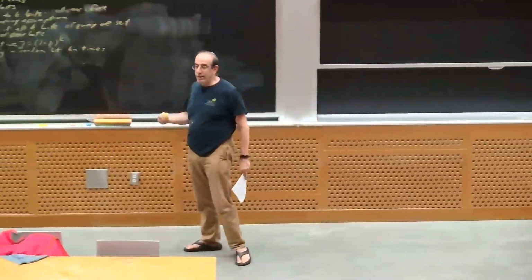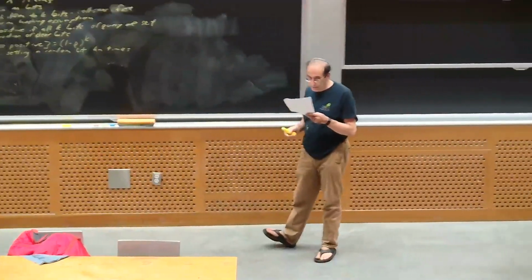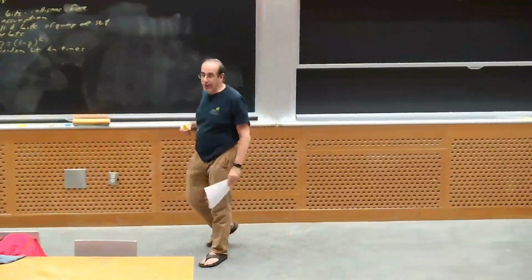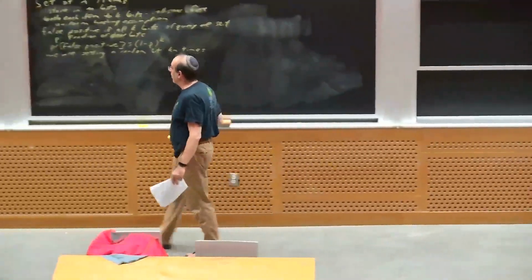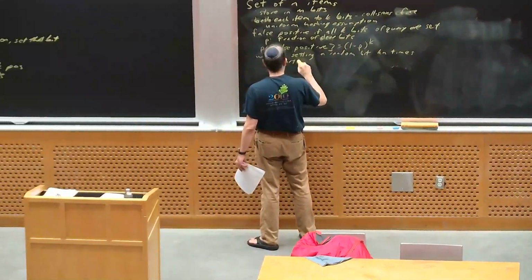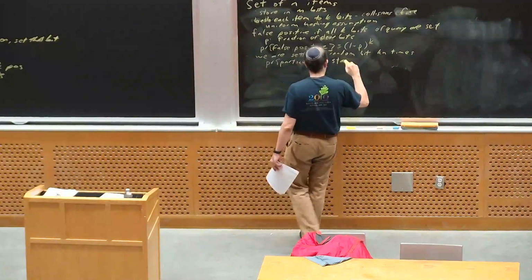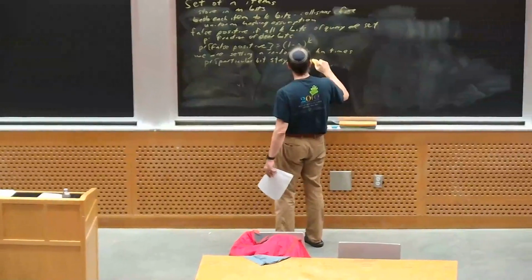So if we make kn attempts to set a random bit, what is the probability that a particular bit stays clear?